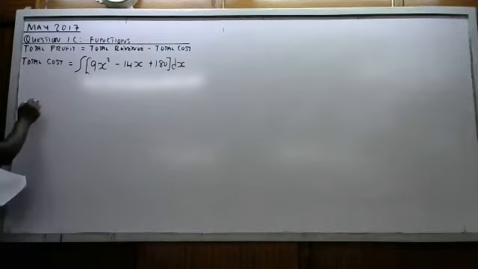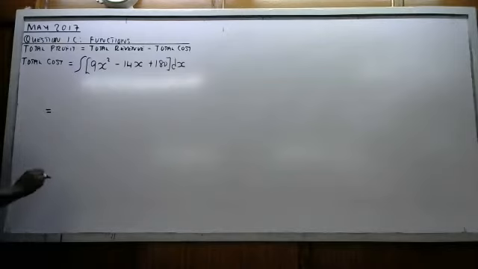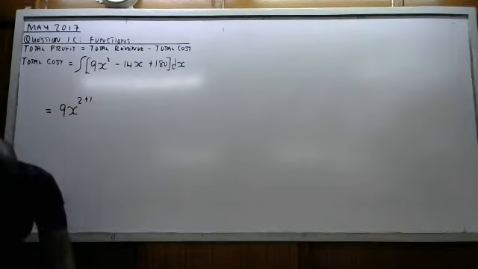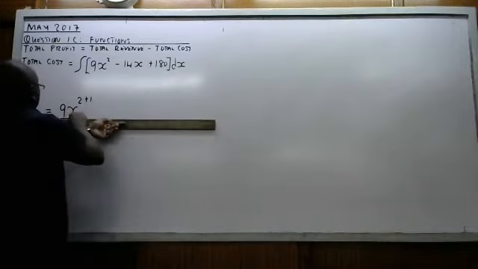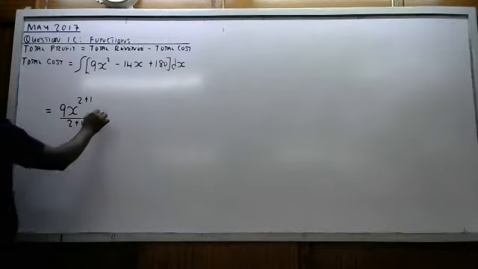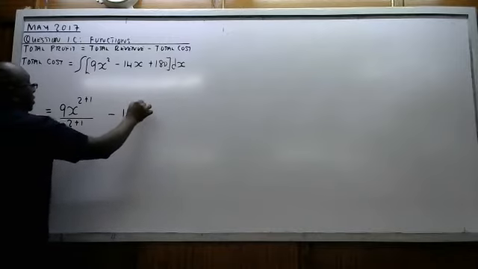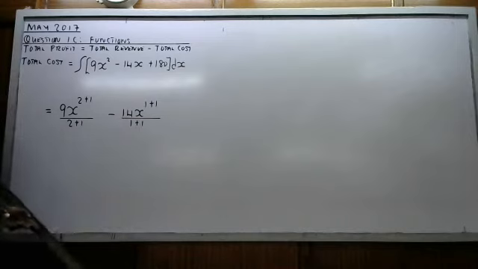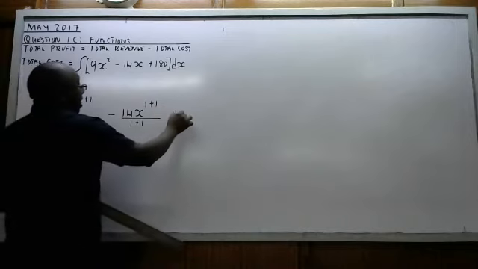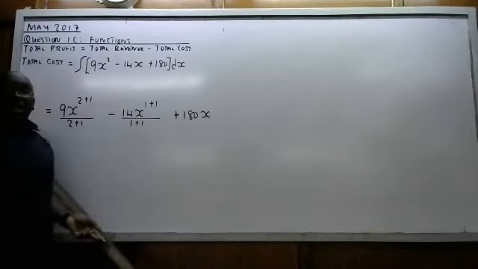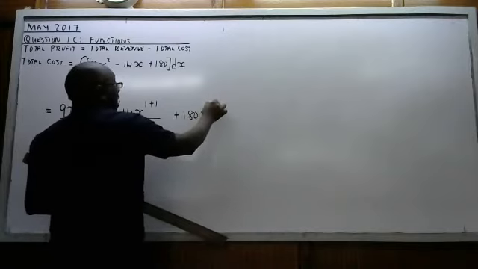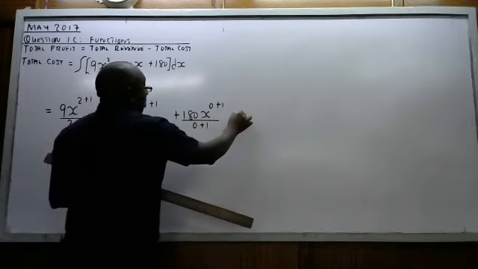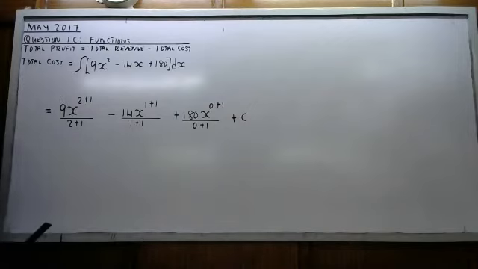In doing this, you get 9x squared, you add back 1, you divide by 2 plus 1, minus 14x raised power 1, you add back 1, you divide by 1 plus 1, you add back 180, which is currently x raised power 0, you add back 1, you divide by 0 plus 1, plus c, the constant of integration.